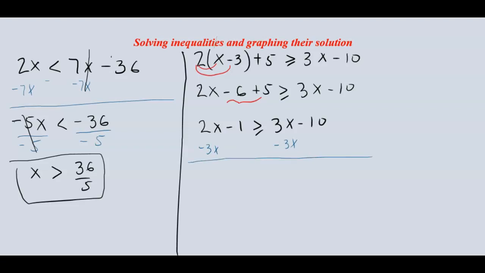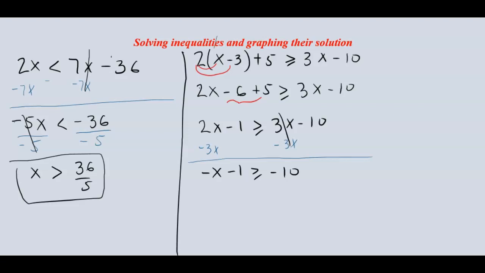So 2x minus 3x is equal to negative x, because 2 minus 3 is negative 1, and 1 is neutral, so we just put negative x. Minus 1 greater than or equal to, so 3x minus 3x is gone. So we got negative 10.